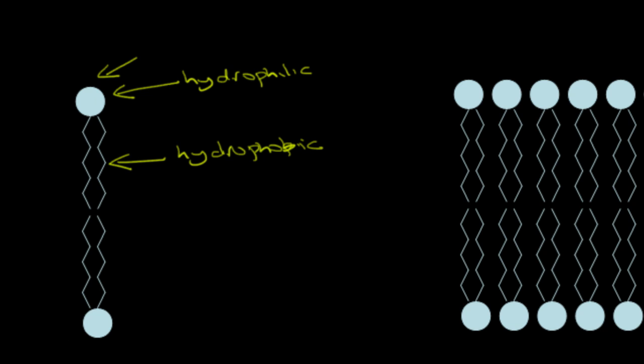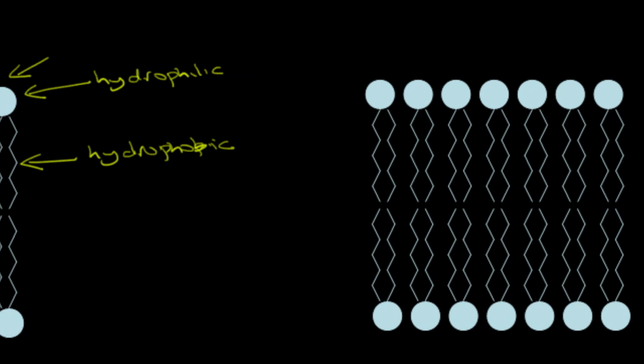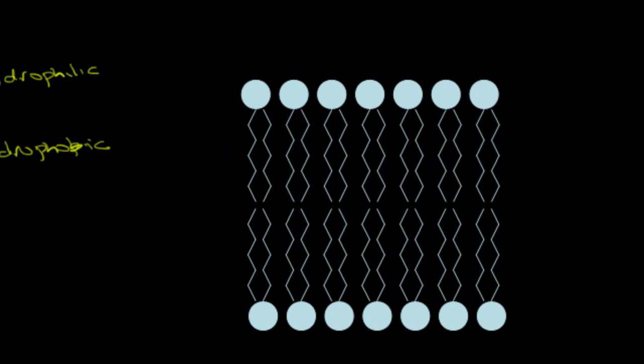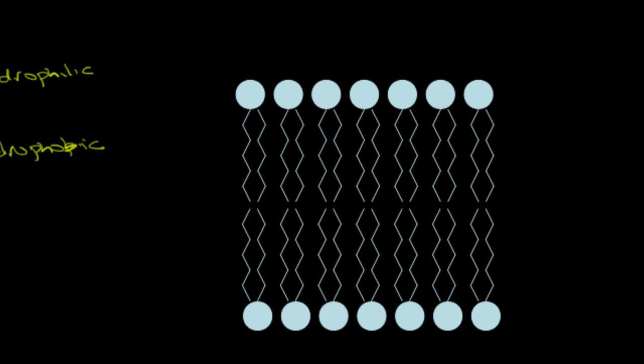And you can see from this diagram over here that this is what the cell wall will then ultimately look like. So if you can imagine, this is going to be the extracellular fluid on the outside of the cell, and then down here you've got the intracellular fluid on the inside of the cell.